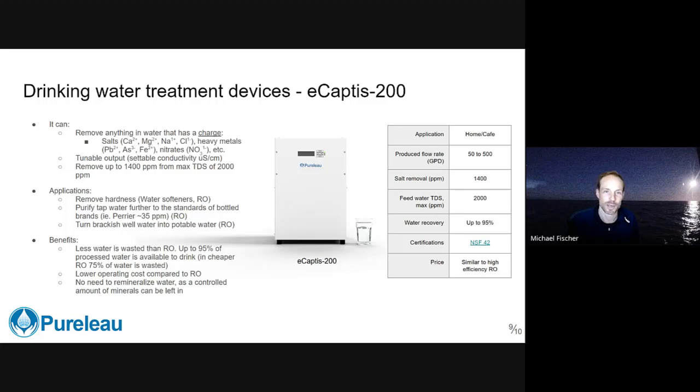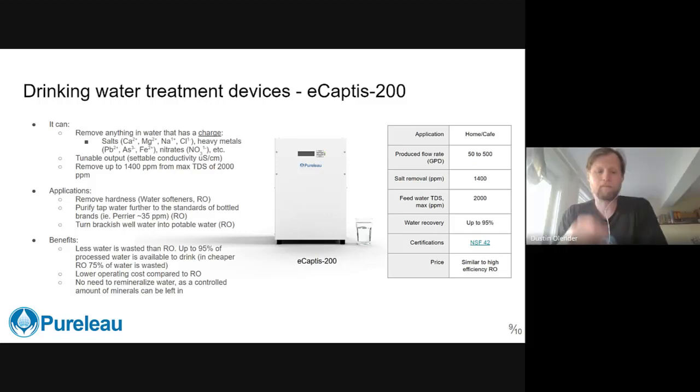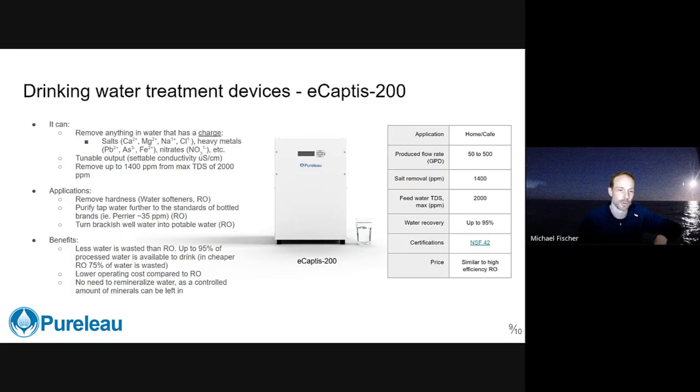You basically wrap the pipes in copper tape, and it does electromagnetic pulses that have a capacitive effect that prevents the bonding of calcium and magnesium. So it's an alternative way to do water softening without introducing any salts. You don't have to use a water softener. It just prevents scaling in your appliances and stuff. It's an interesting approach, it just disrupts that process of bonding.